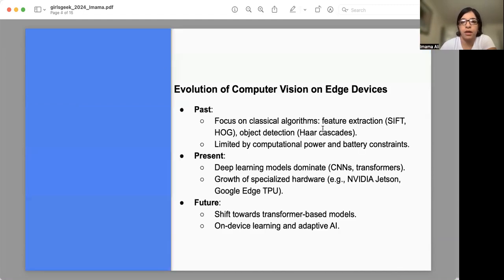In the past, people used handcrafted features like histogram of gradients or SIFT for object detection, and used Haar cascade classifiers. There was seminal work from Viola-Jones, which people used for a long time.